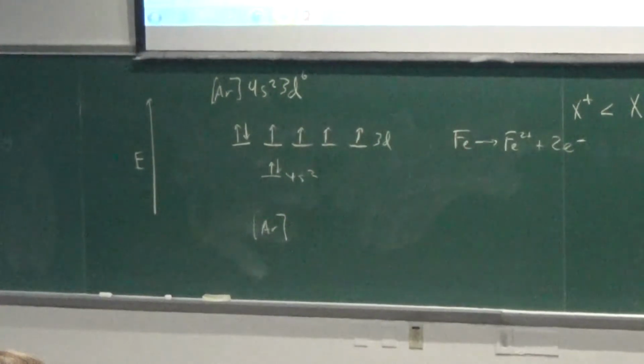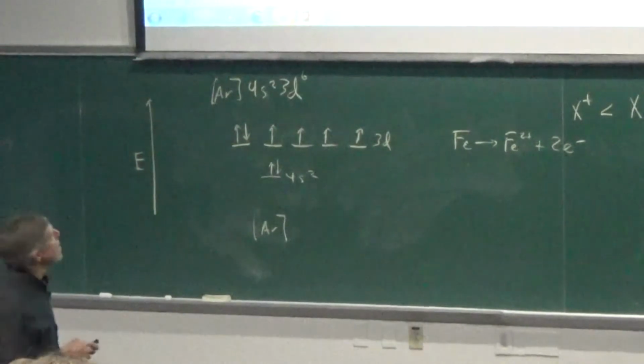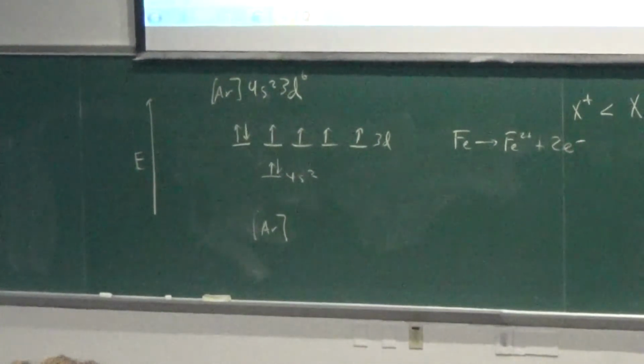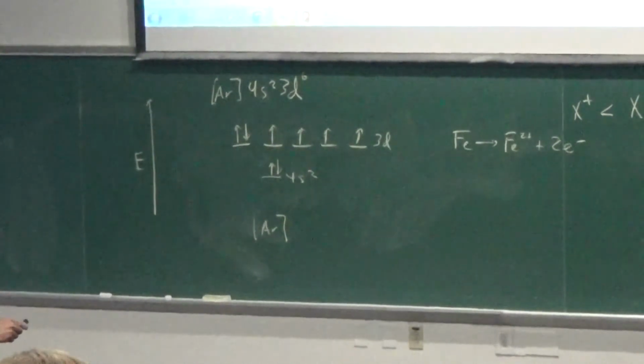As you start to put electrons into there, 1, 2, 3, 4, all the way up to 26, notice that the energies of these orbitals start to fall, but they don't fall at the same rate. So by the time you get over here to atomic number 20, which is calcium, and then you get to 21, which is scandium, the energy of the 3d orbital is actually less than the energy of the 4s.